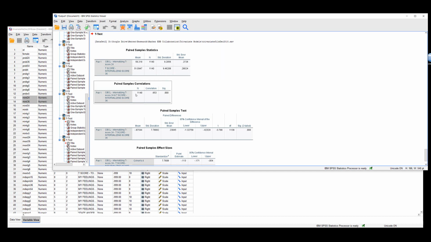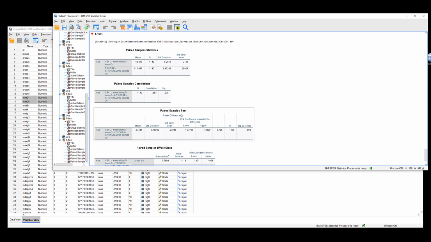We also have a correlation between the two time points, which is useful because these are the same people measured twice. We want to see how their time 1 score is related to time 2. It's correlated 0.65, which is a pretty high correlation. We'd expect a child's internalizing at 24 months to be pretty similar to their internalizing at 36 months.